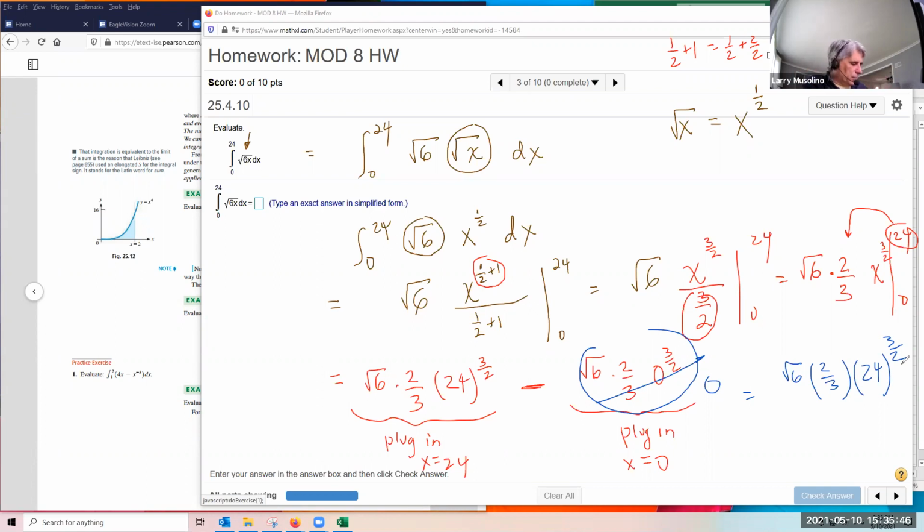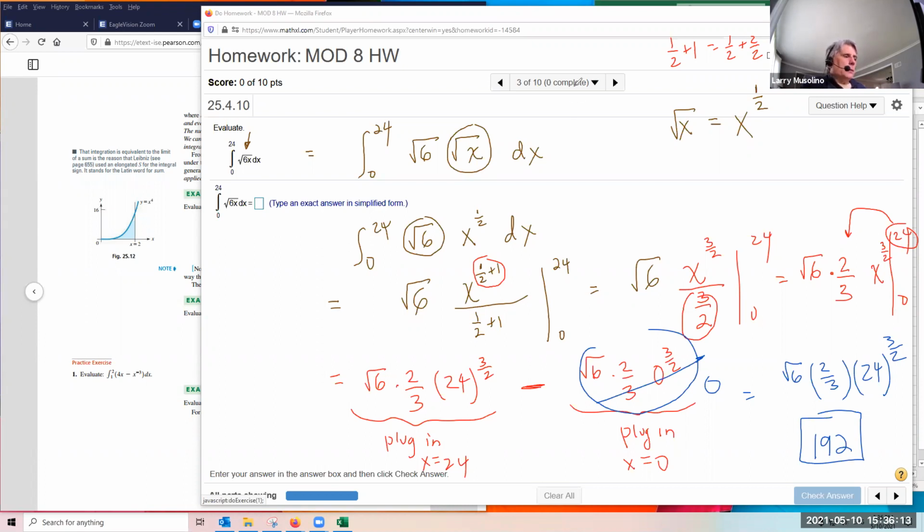So you could just type this expression into Desmos if you wanted to. But I'm just going to use my handheld calculator here. And if I do that, I'm getting the answer 192. You could try this yourself. And this is the area under the curve.